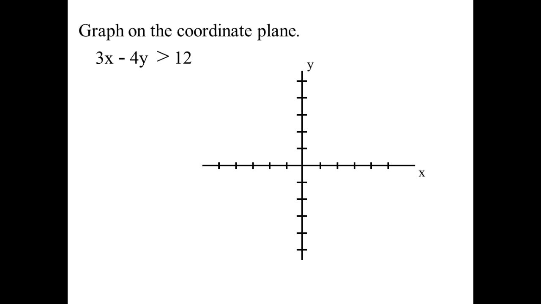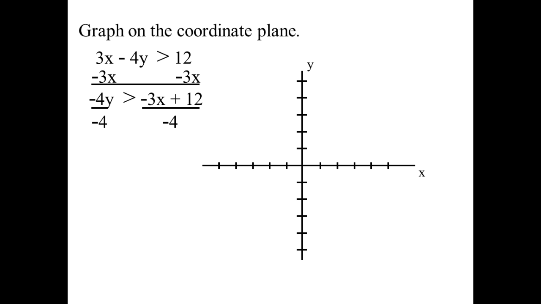So we probably started with this. Divide by what on both sides? What is it? Negative 4. The coefficient of y is negative 4, so that's what you divide by.